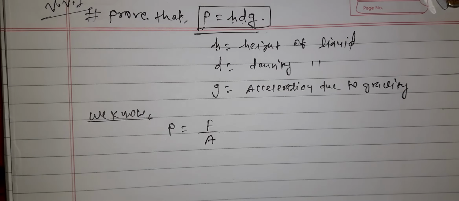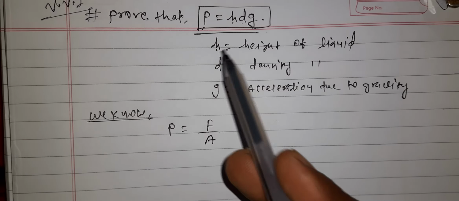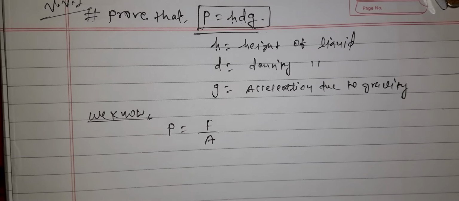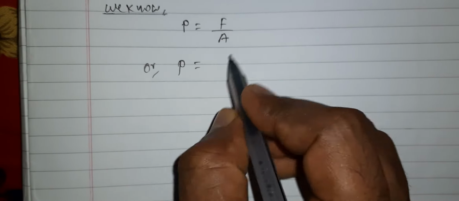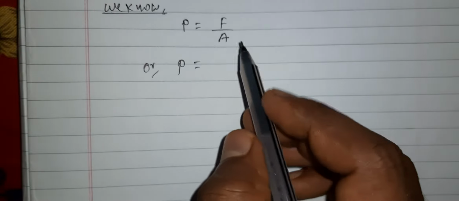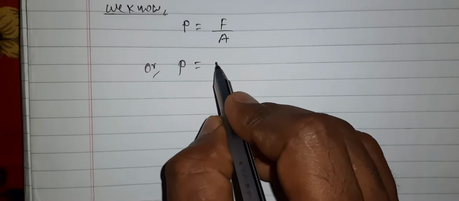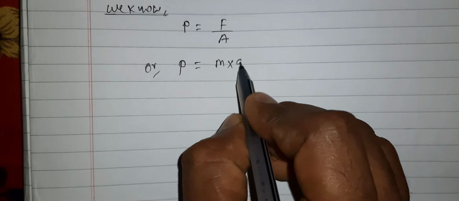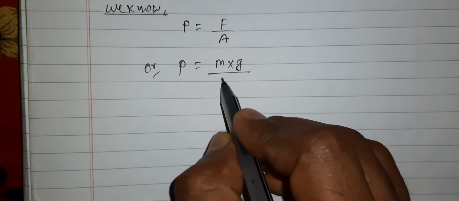Okay, so let's see how we can prove P is equal to hdg by this formula. So let's have a look here. We have to use, instead of F, the formula of force that we already know. So we can write P is equal to the formula of force, mass into acceleration due to gravity, by area.